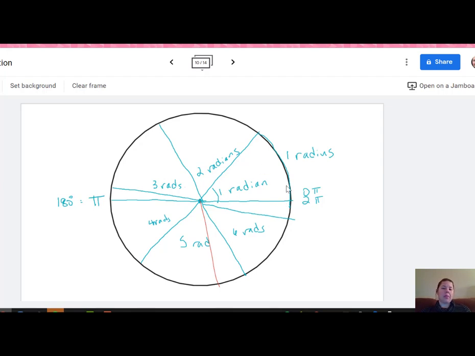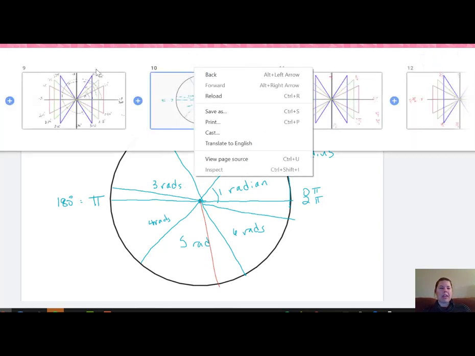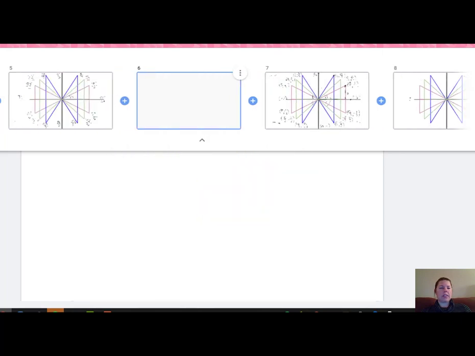So that's where the radian comes from: the radius length. And that angle doesn't change no matter the size, because the proportion of your radius to the circumference is the same every single time. So that gave me radians.